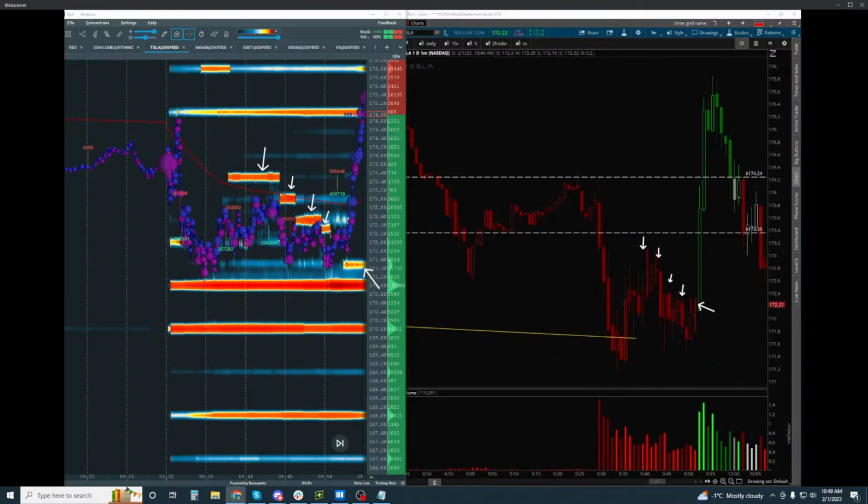So we can put out two things over here. Over here, we're going to put: algo pushing down price, stair-step down pattern.